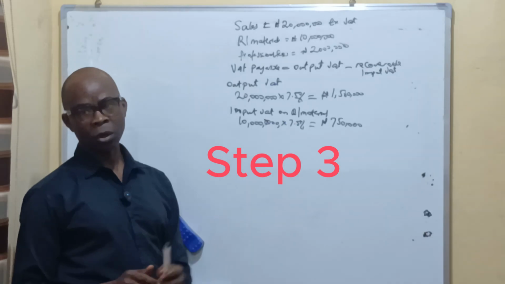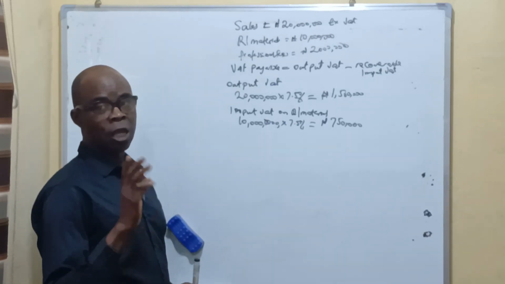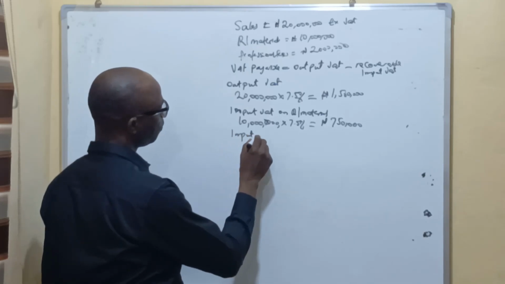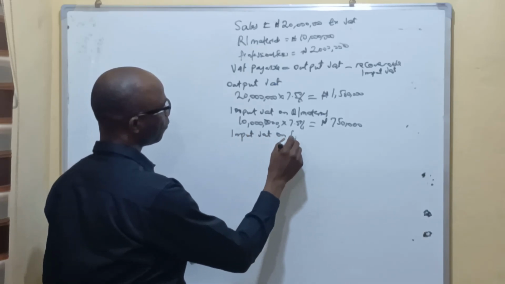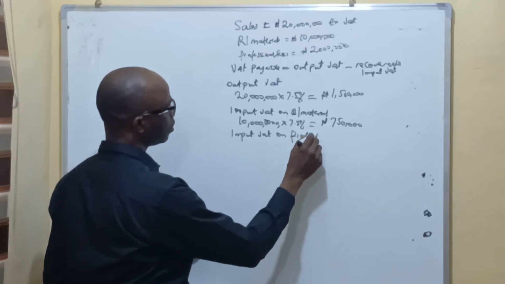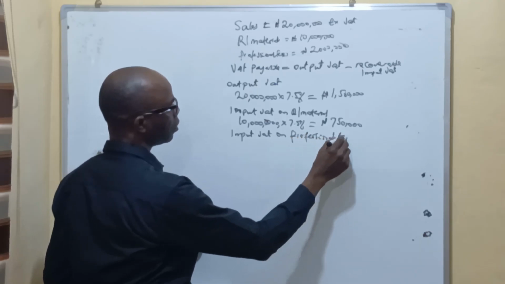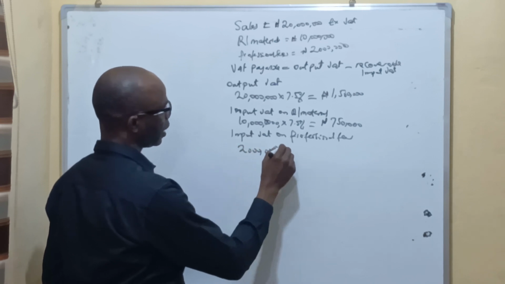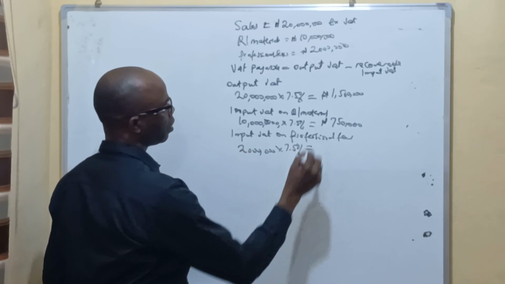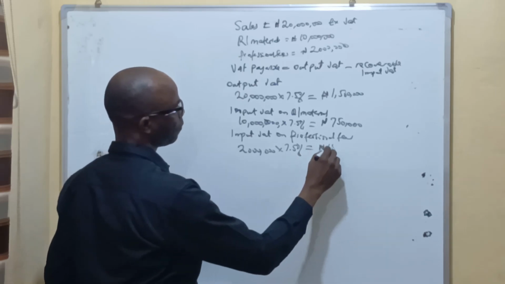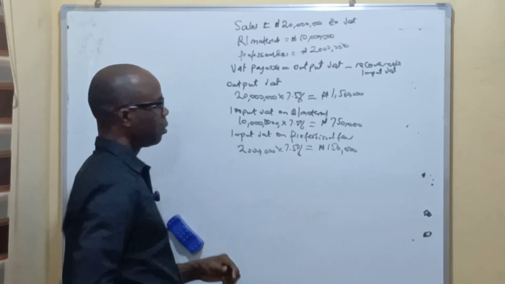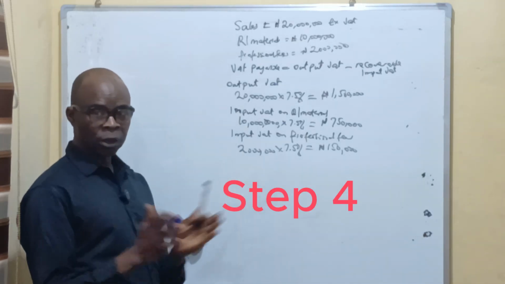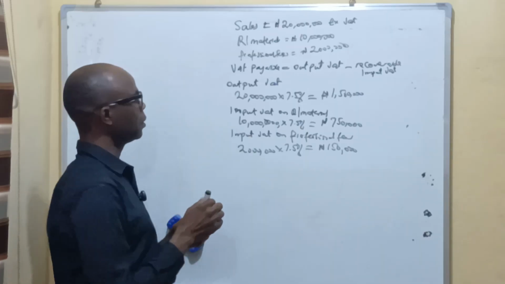Then the third step is to calculate input VAT on professional fee. 2 million times 7.5% is 150,000. Beautiful.